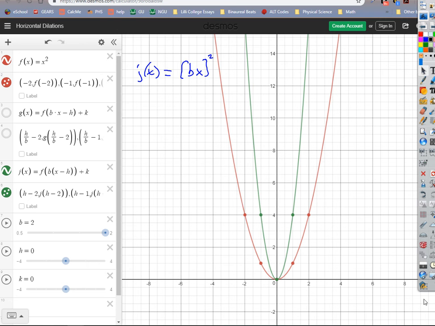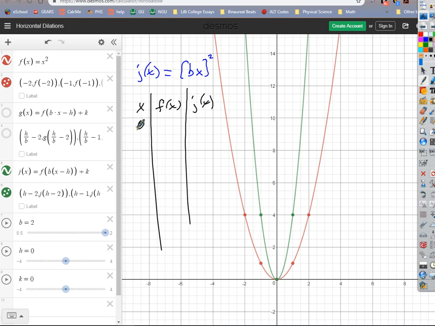If I'm multiplying inside the function, let's think about a t-table here. If we're going to graph values of the parent function and then the dilated function, here's x, f of x, and then j of x.